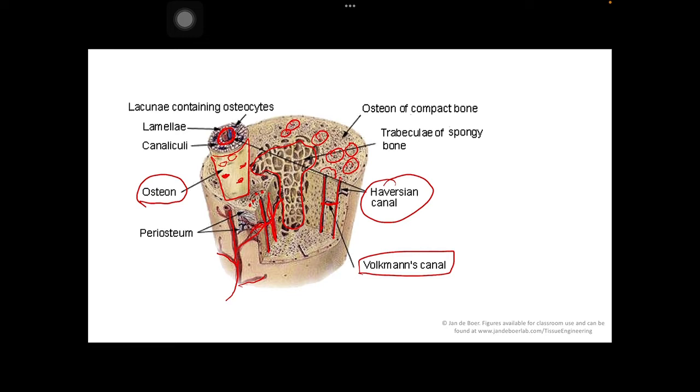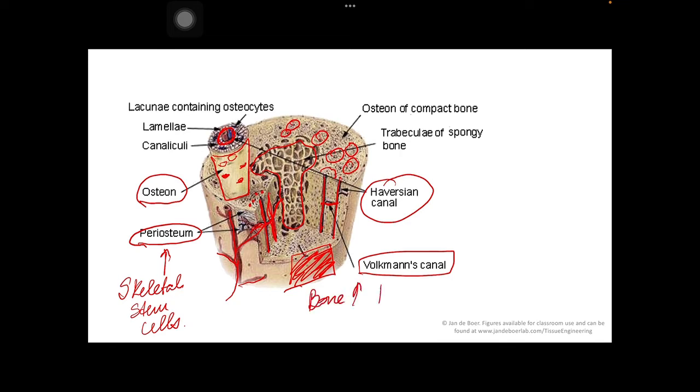It's important to mention that the periosteum, for example, has high concentrations of what we call skeletal stem cells that can be used for regeneration, can be active when a specific location of bone needs to be regenerated. And something that we have to say is that the regeneration capacity of bone is higher than the regeneration capacity of cartilage.